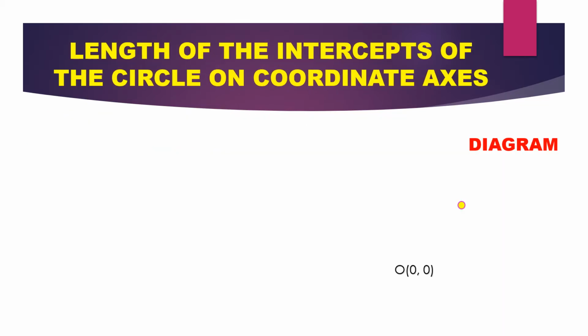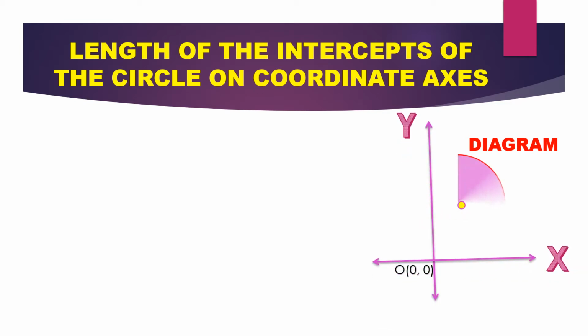Similarly, next observe the diagram. Here also the circle cuts the y-axis at 2 points A and B. These 2 points lie on the y-axis, so the x-coordinates are zero.